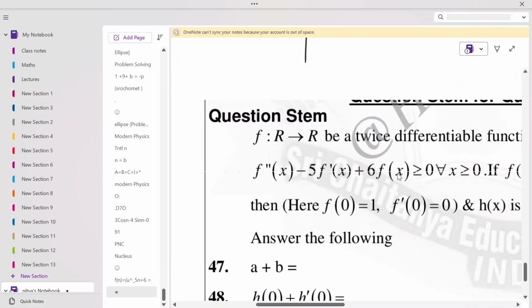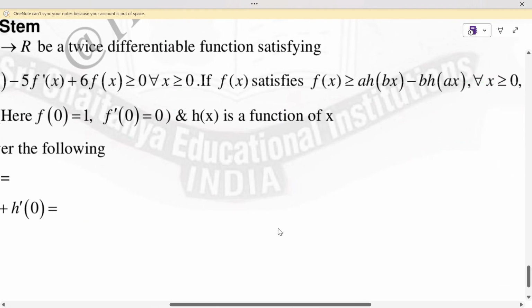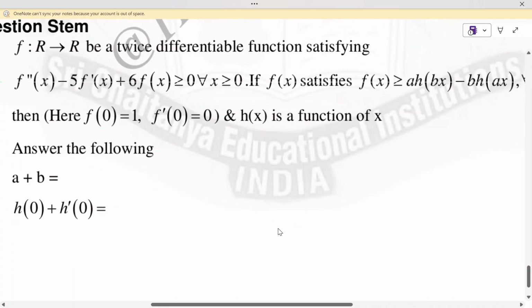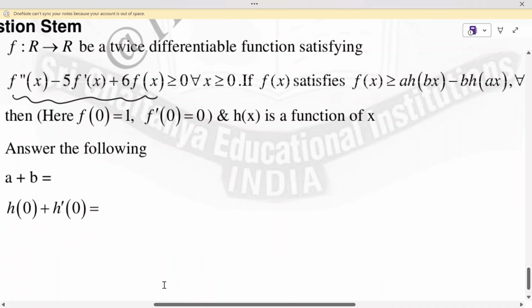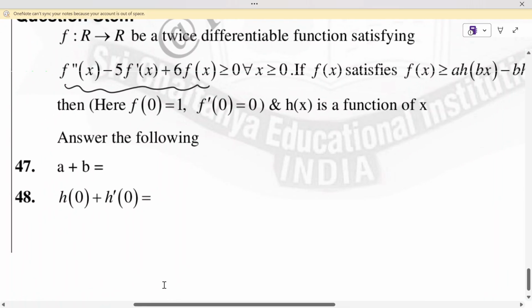Okay, so what it says, f double prime, we have to put x is greater than or equal to 0. F of x is x minus, and 0. So what I can say, I just multiply.